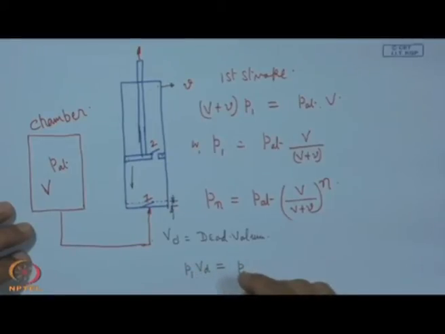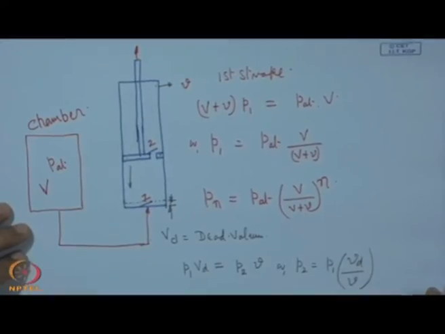say if it is P1 and if it is P2, then P1 and P2 into V, that means P2 will be equal to P1 into Vd by V, and this is called the compression ratio.